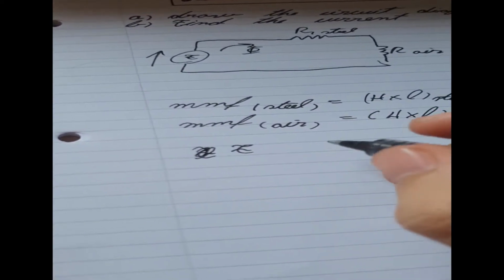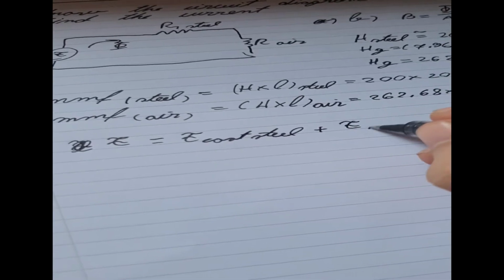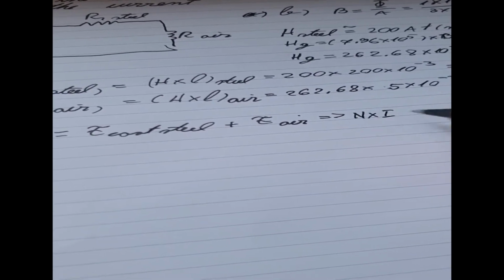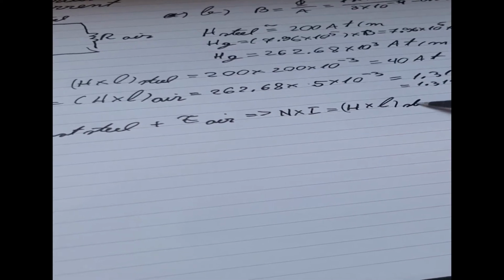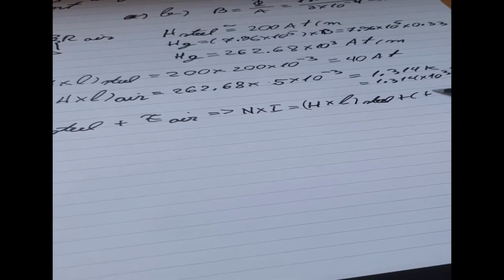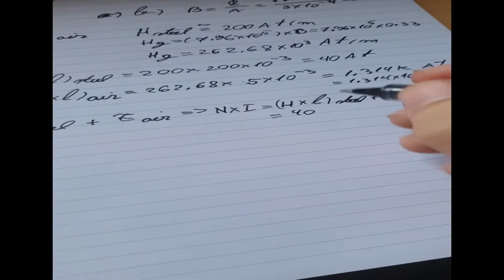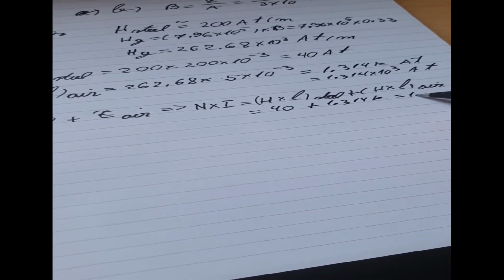So the total will be equal to the one for the cast steel plus the one for the air. So therefore, number of turns multiplied by the current will be equal to H times L for steel plus H times L for air, which is basically 40 plus 1.314 K, and that one would be equal to 1.32 K, rounded up really.